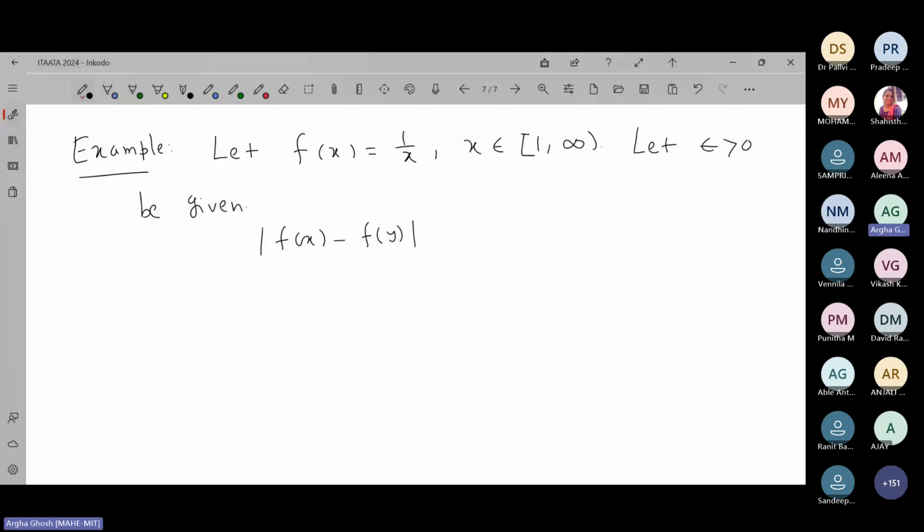So now if we calculate f(x) minus f of y, we'll see that it will be 1 by x minus 1 by y. So it will be y minus x by x into y. Okay, mod is there, but it's all positive. So fine. We need to make it less than epsilon.